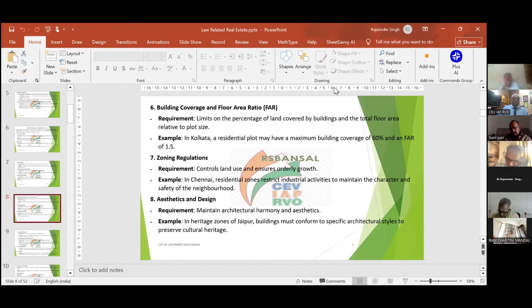Depending upon the zone, if the property you are doing valuation for falls in a residential zone, you cannot construct a commercial property there.